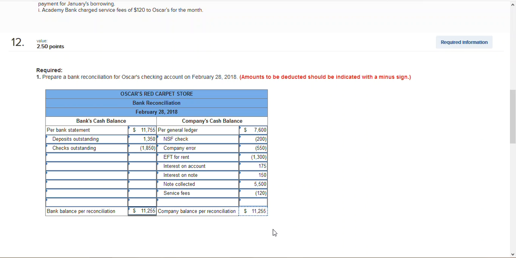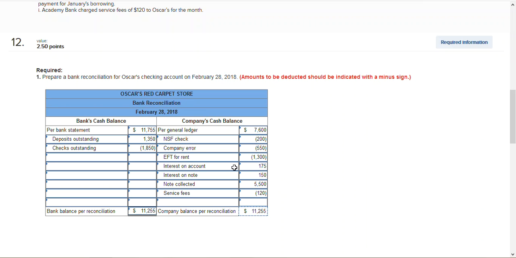So the way this is structured, it actually has two entries, one for the additions, which would be your interest on the account, your interest on the note, and the note collected. So those three things are bringing cash into your account, and then all the rest of these are taking cash out of your account. So you're going to lump those in two categories and do two journal entries.